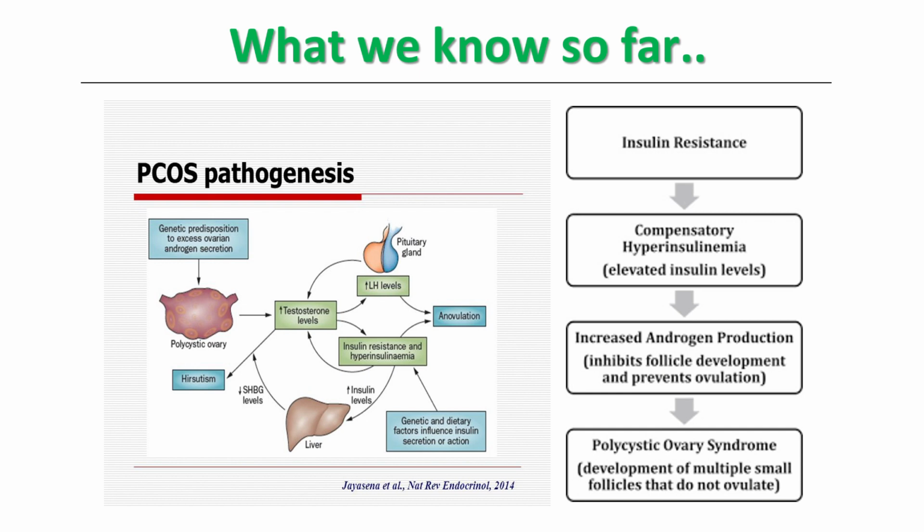And that is why we get this chronic anovulation picture called polycystic ovarian syndrome, where there is development of multiple small follicles that do not ovulate. There could be a little bit of genetic predisposition to excess ovarian androgen secretion and insulin resistance. They together play a major role. I think if you carefully look into this diagram, a lot of things would get clear in your mind.